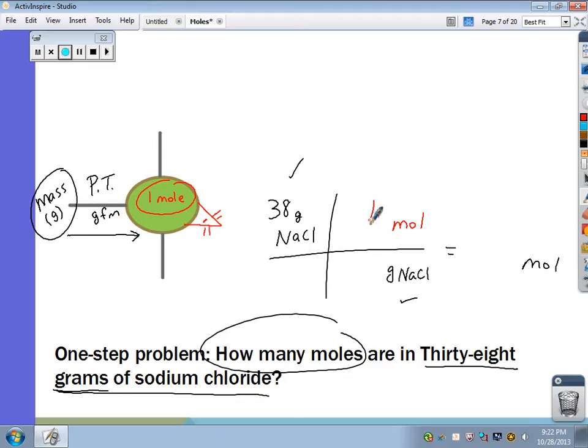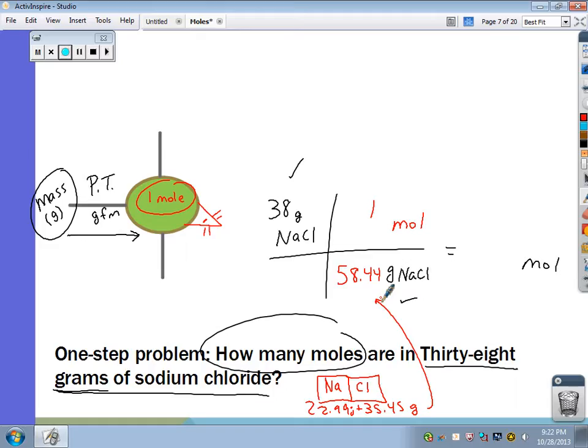The GFM of NaCl, we just figured out on the other page because we've clicked 1 box for sodium, 1 box for chlorine, and that added up to equal 58.44 because sodium is 22.99 and chlorine is 35.45 grams. You add them up and you get this right here.